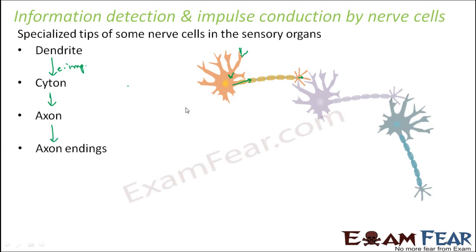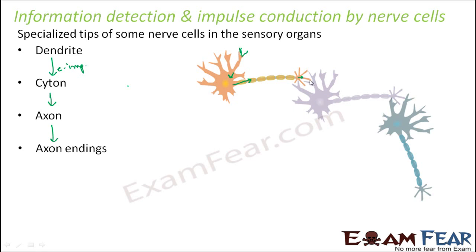But till now it is only within that specific neuron. Now at the axon endings, what will happen? The impulse will get converted back to chemicals. Just like here some chemical reaction happened and the electric impulse was generated, here again some chemical reaction will take place and the electric impulse will get converted into chemicals. What will the chemicals do?